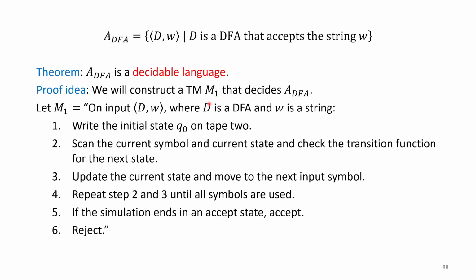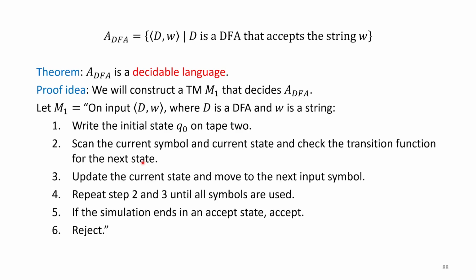This is going to technically be a K-tape Turing machine. Okay, the first thing we're going to do is find what the initial state is, and write it on our second tape. We're just going to use the second tape here to keep track of what state we're in. Okay, we're going to scan the current symbol of the input, go look up the current state on the second tape, and then look up in our transition function to find out what that next state should be given that combination.